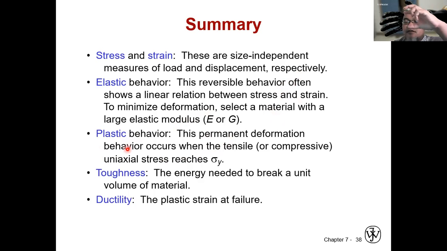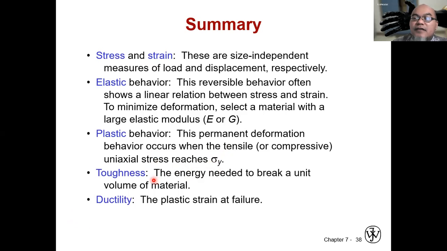When you release the loading, it cannot go back to the original zero position, but instead it will have this plastic deformation, plastic strain, epsilon P. It occurs when the tensile or compressive uniaxial stress reaches the yield strength.